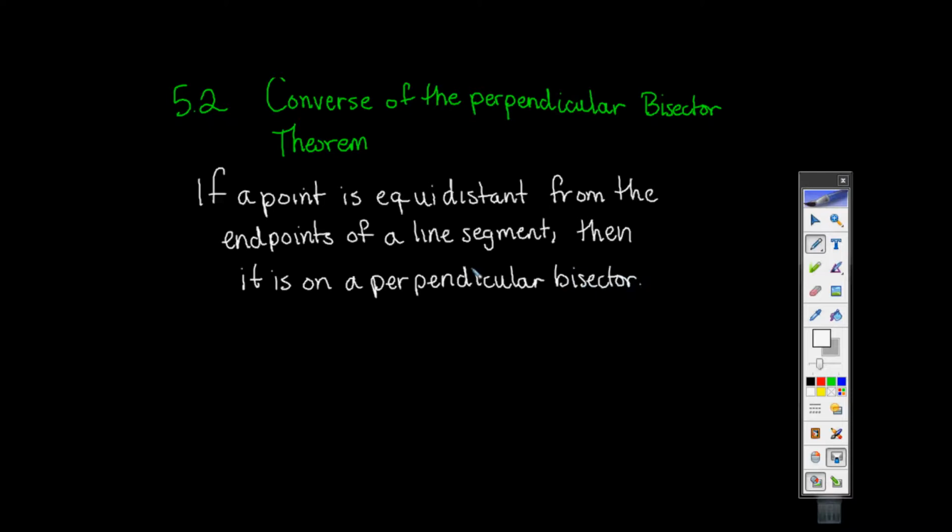What we had before was if you have a perpendicular bisector and you put a point on it, then it's equidistant from the endpoints. Now we're going backwards. We say if you have endpoints and there's a point that's equidistant from them, then it's on a bisector.